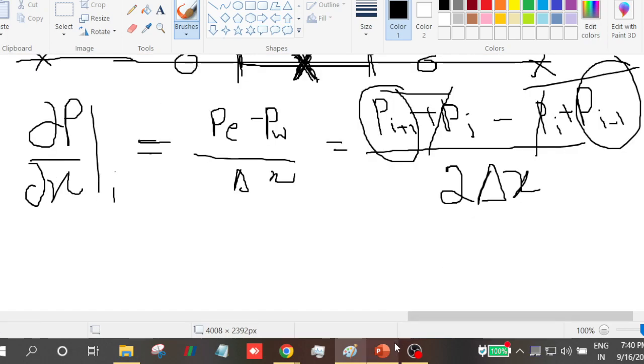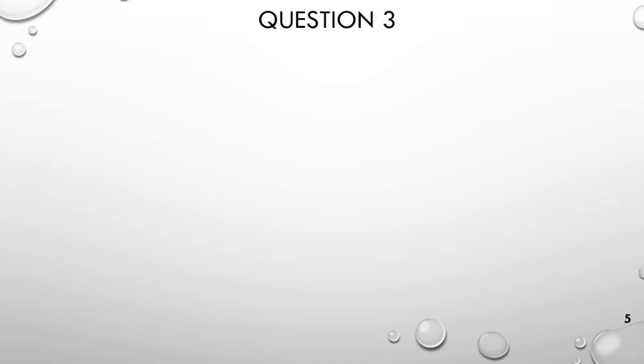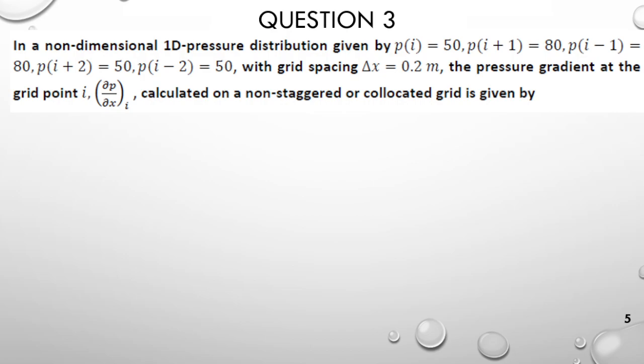So if we particularly see this example, what would be that value? PI plus 1 minus PI minus 1 divided by 2 delta x. Can you write down on the chat box?